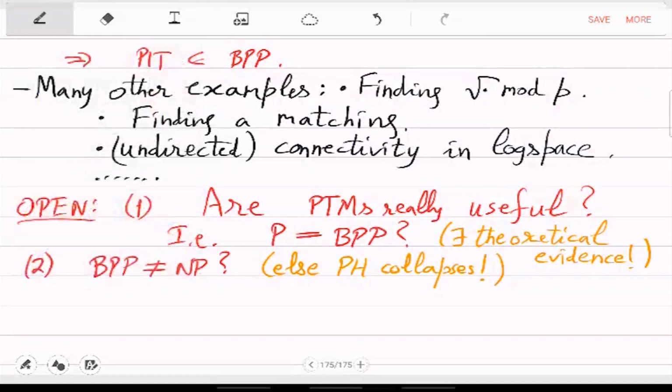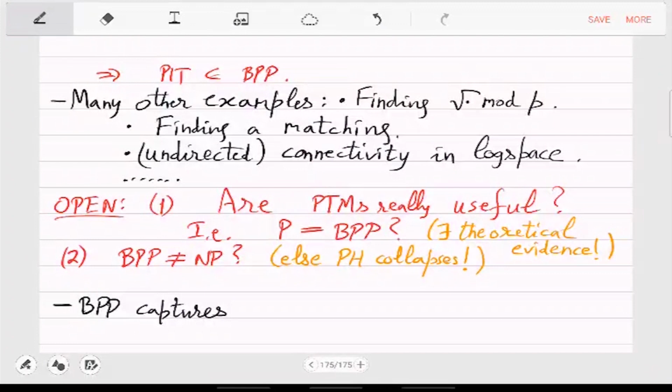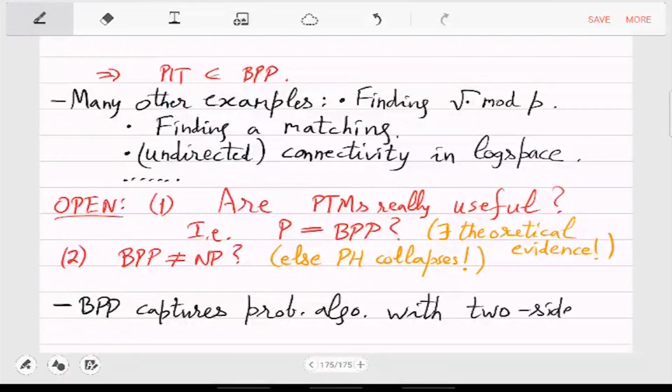So as I have said many times before, BPP captures probabilistic algorithms with two-sided error. Okay, so the error can be on the yes instance but also on the no instance.